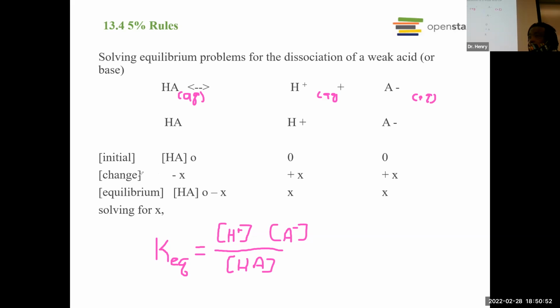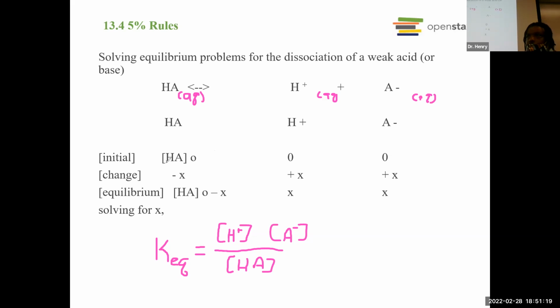Now, C represents change. So ICE, initial, change, and equilibrium. So the change would be we're losing X, right? So if we're losing X, then that means that we're gaining X. Since we're talking about moles or molarity, we can leave this in terms of X, right? Because this is a 1-to-1 ratio.